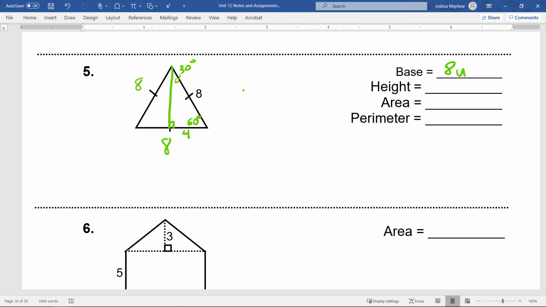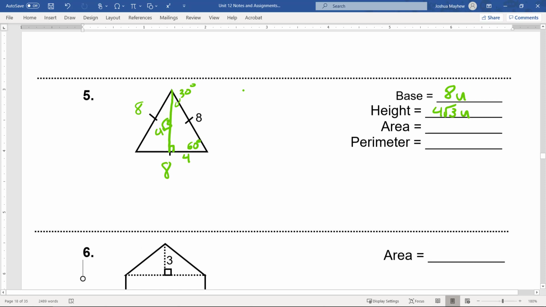So to get the height, I need to go short leg to long leg. Short to long is times rad 3. So the height is 4 rad 3 units. Now, one of the things that you got to be careful of is don't use the 4 as your base. Your base is 8.